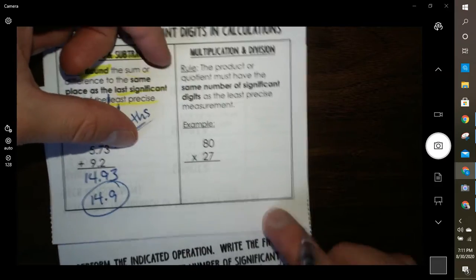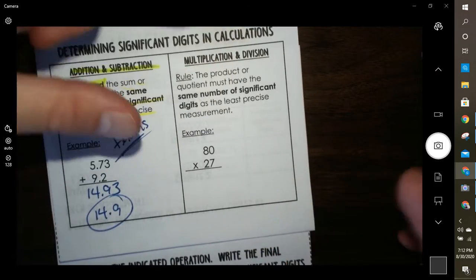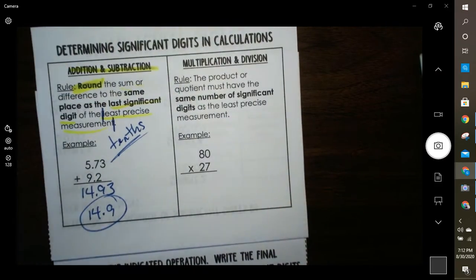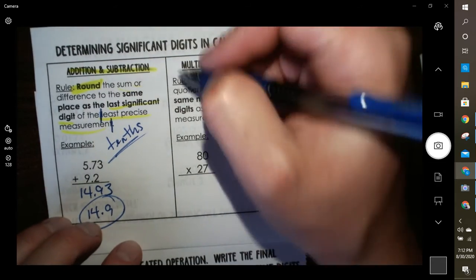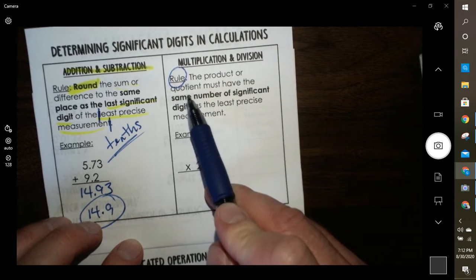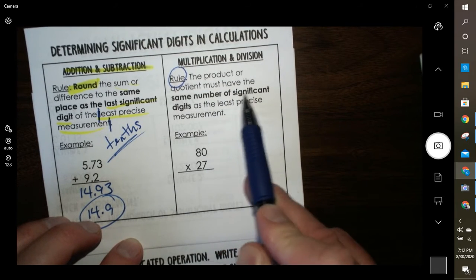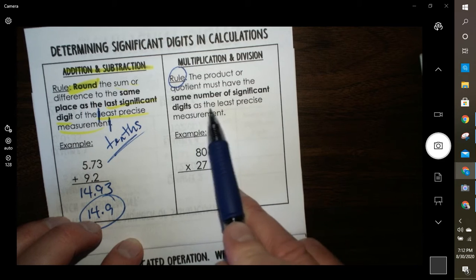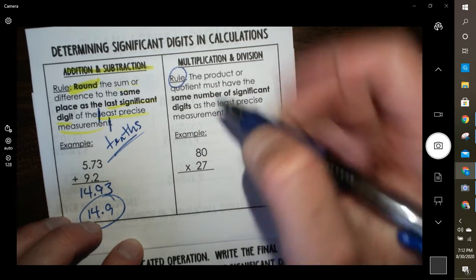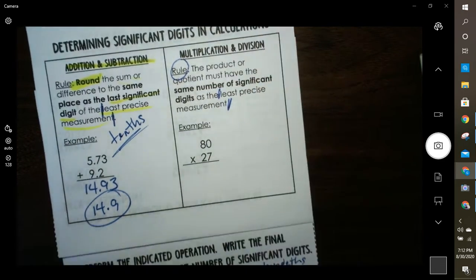Let's go ahead and check out our last rule we need to be aware of when we are determining significant digits in calculations. The rule states the product or quotient must have the same number of significant digits as the least precise measurement. So again, we are focused on the least precise measurement.